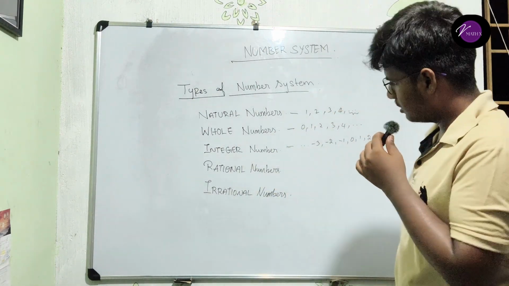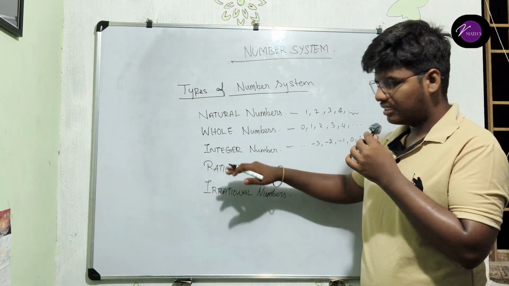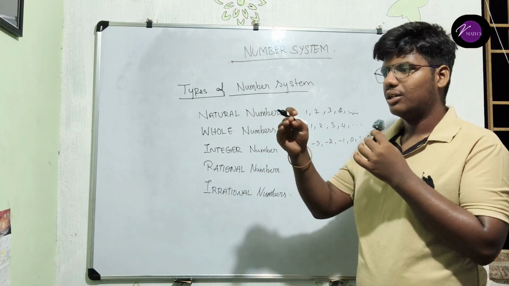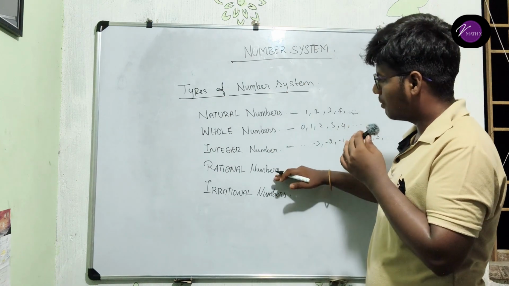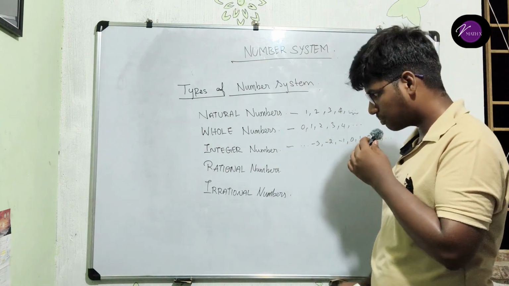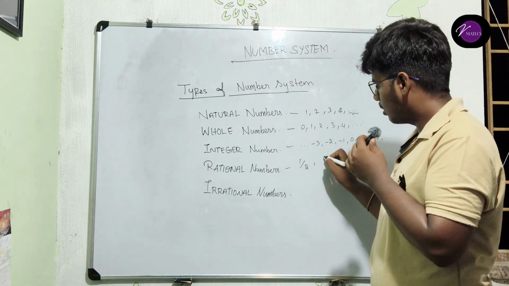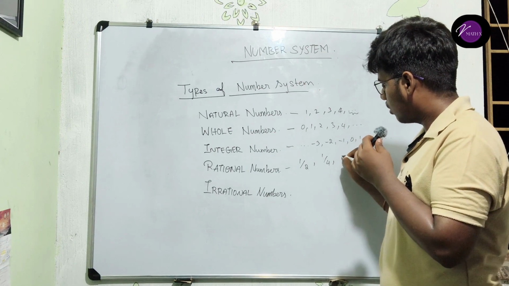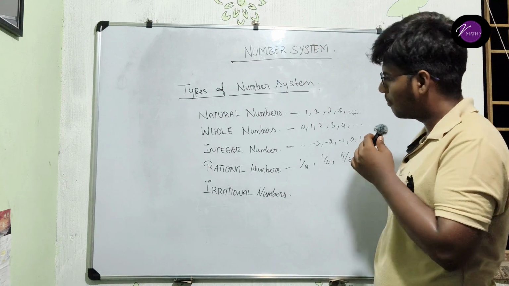And rationals are written as fractions. Any integer represented in the fraction form is called rational. Something like 1 by 2 or 1 by 4 or 5 by 6, likewise.